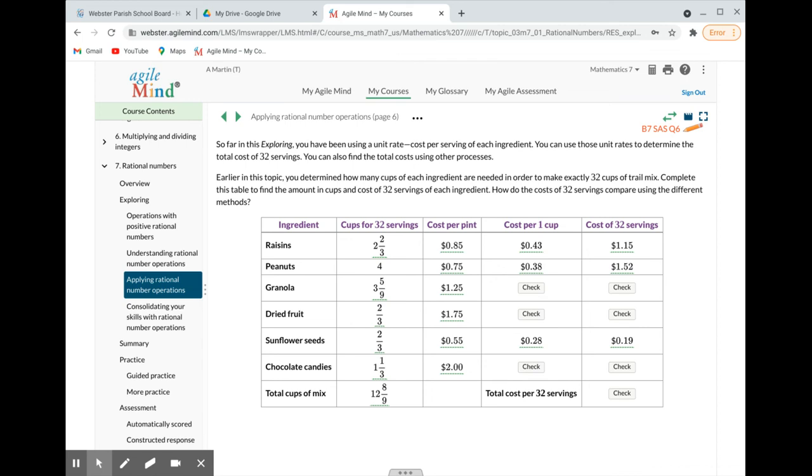So what I want you to do is work together as a group. My suggestion would be to look at how they did the raisins, the peanuts, and the sunflower seeds, and then use the same method to solve the following problems. All right, we have 1, 2, 3, 4, 5, 6, 7 that we have to do.